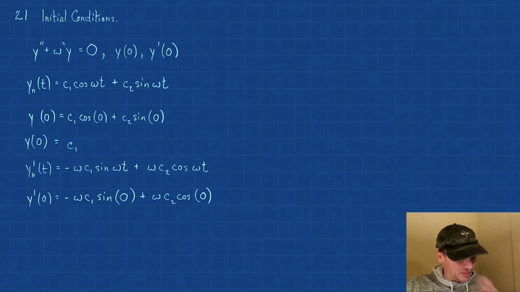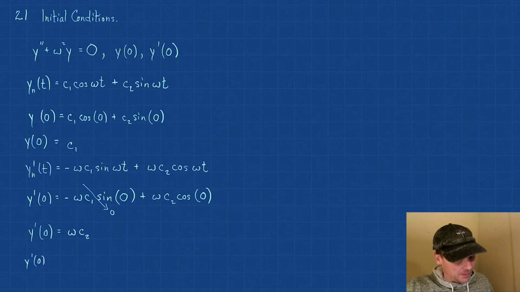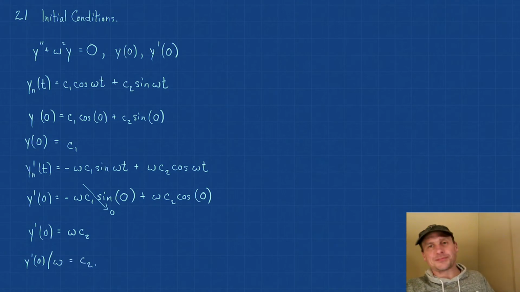Well, the first term becomes 0. So now I'm left with y prime of 0 is equal to omega times c2. And so we can say that y prime of 0 divided by omega is c2. So let's rewrite our final solution.